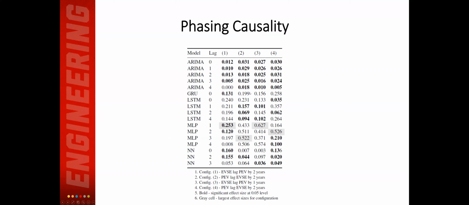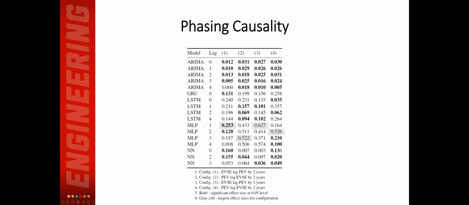These parameters are called Cohen effect sizes. It doesn't really matter too much what the numbers mean, but essentially these numbers will lie somewhere between 0 and 1, and a larger number denotes a larger effect size. If it's bolded here, it's statistically significant. And if it's highlighted, then it's the largest value in each of these columns.